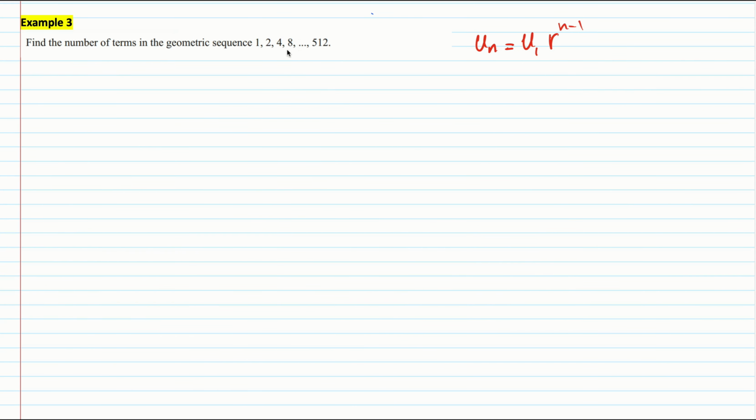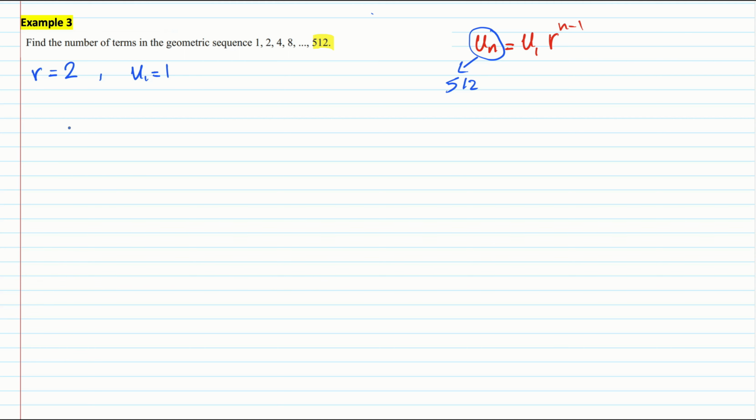In this example, you want to find the number of terms of the geometric sequence. You have the last term, 512. You may use the general rule. So the value of Un is 512, and you have U1 equals 1, and the common ratio, any term divided by the previous term, so R equals 2, U1 equals 1.